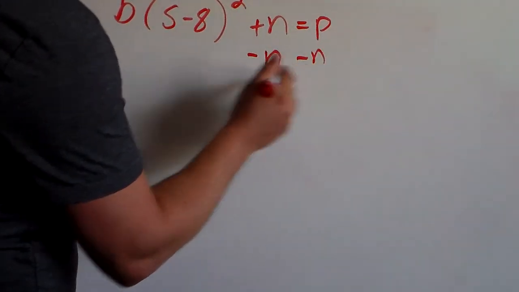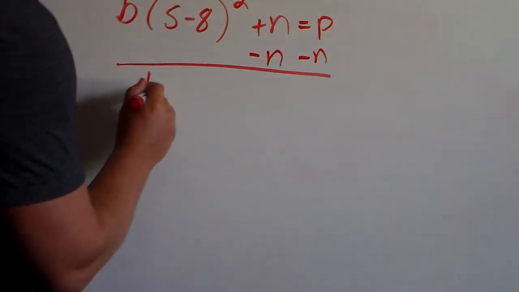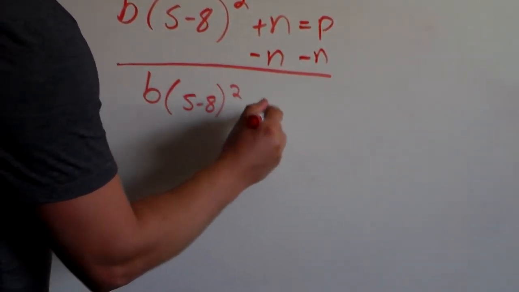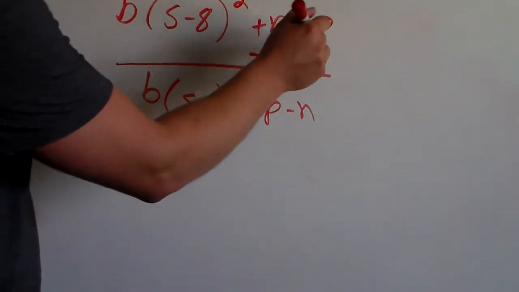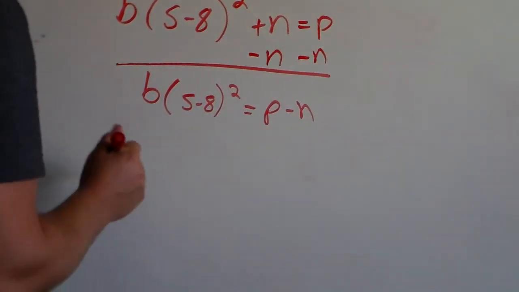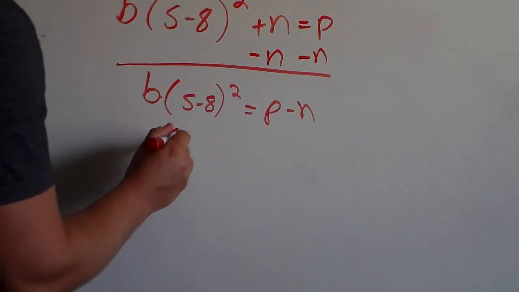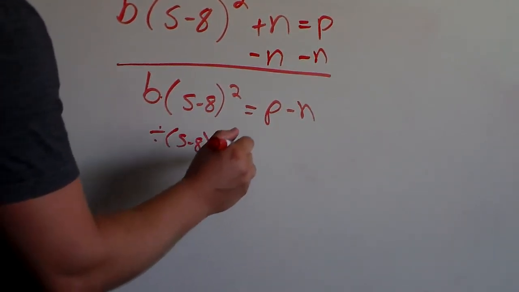Just like before, subtract N from both sides. So B times (S minus 8) squared equals P minus N. Because they're not like terms, we have to write it out like that. It's B times, so we have to divide by (S minus 8) squared.